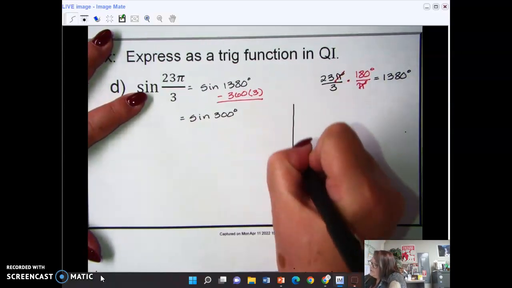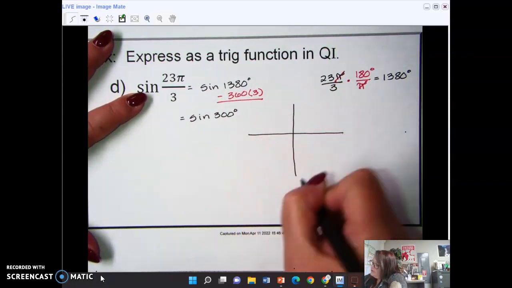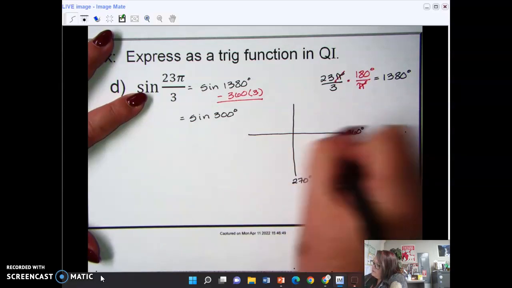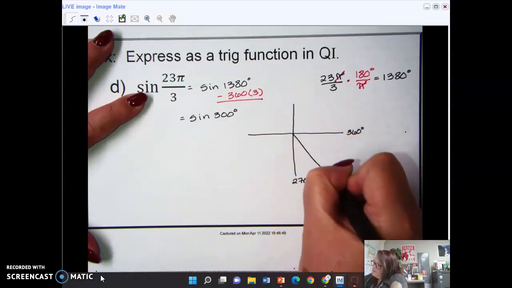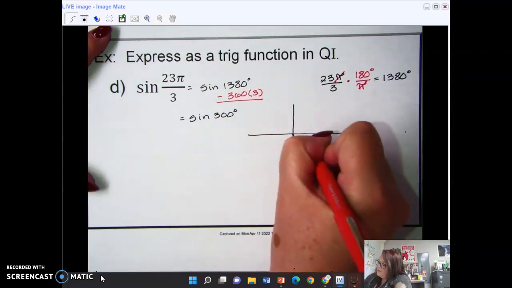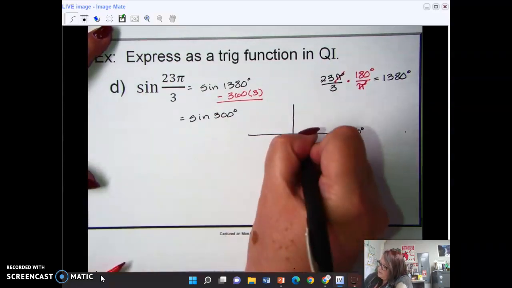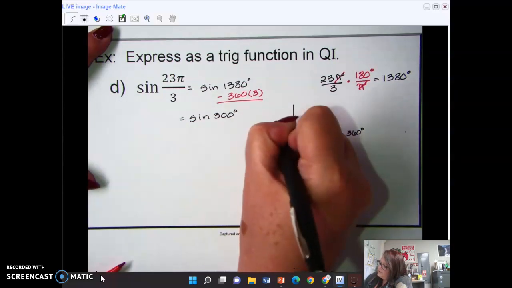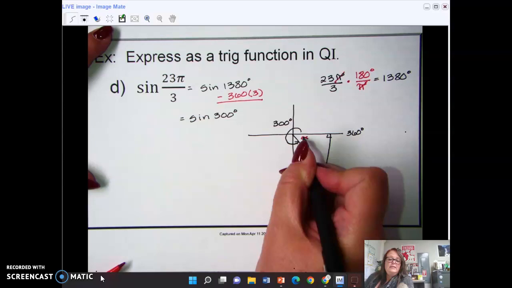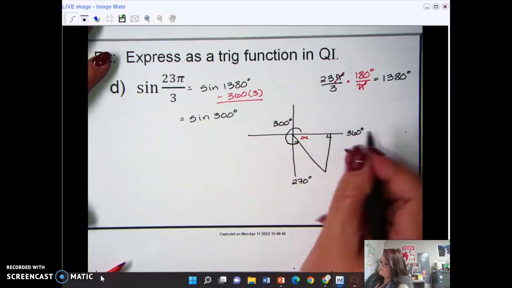So 300 degrees is between 270 and 360, so that's going to be in quadrant 4. So we're going to make a triangle with the x-axis, and we need to look for this reference angle. So we're saying this angle is 300 degrees. So if I go just a little more, that alpha distance is going to get me all the way to 360.